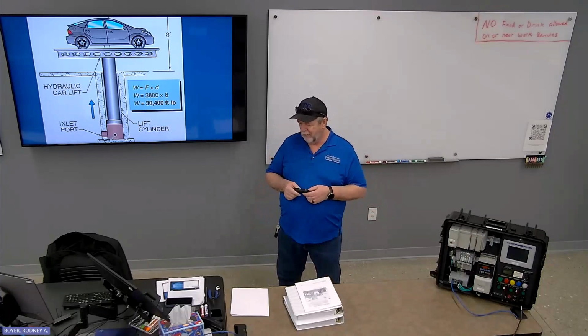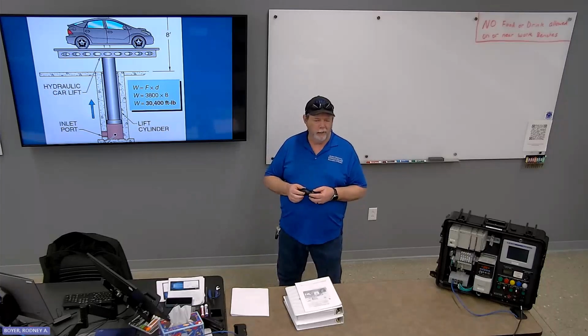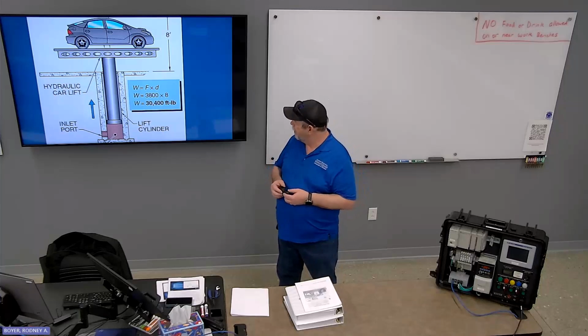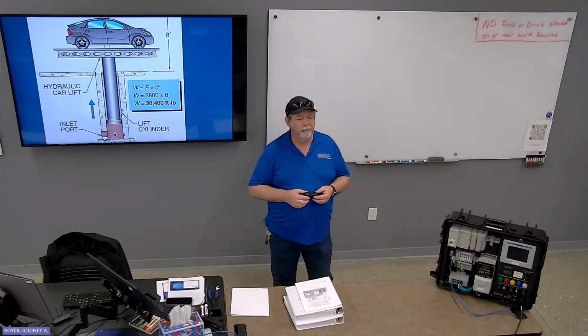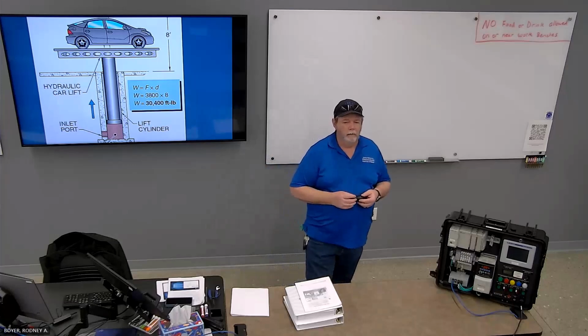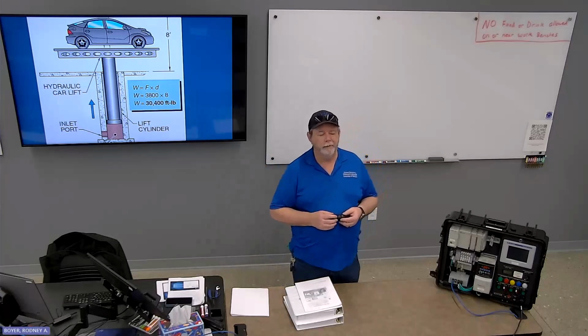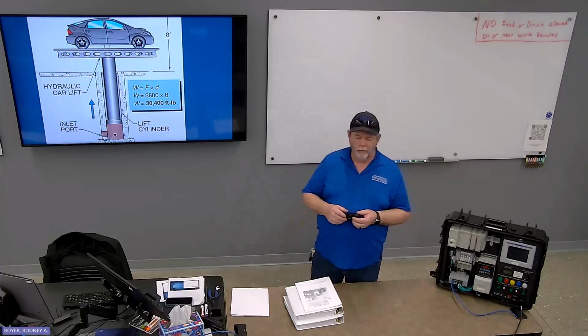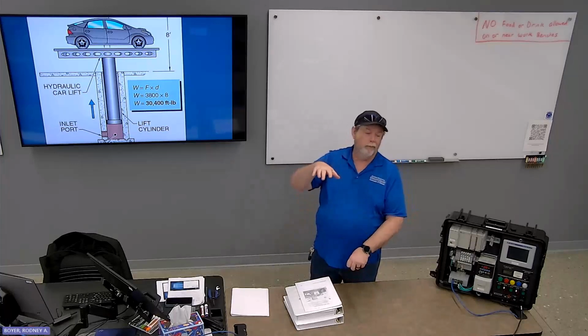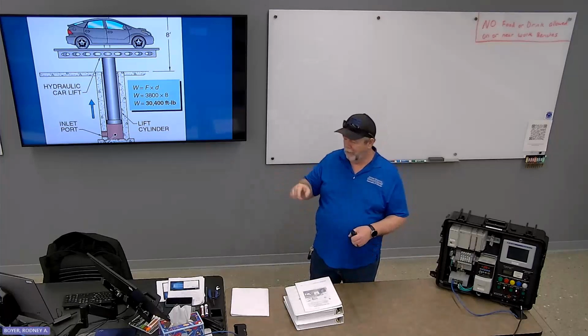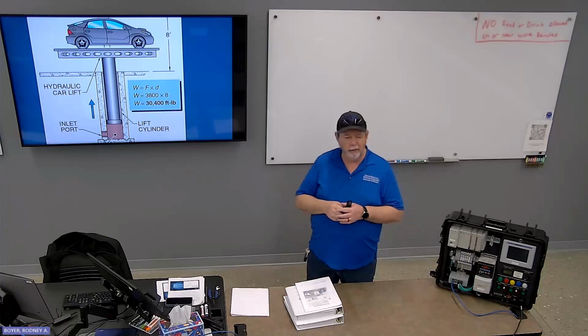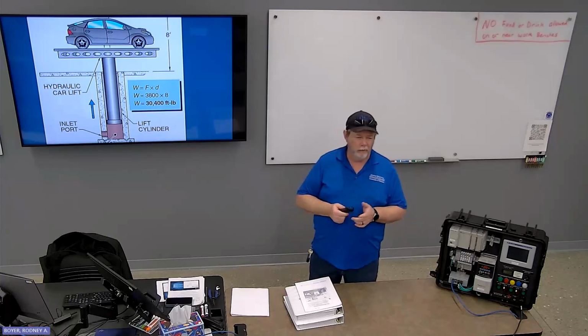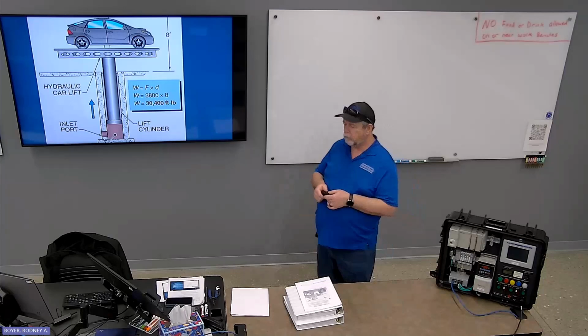A little over 8 feet, 3,800 times 8, 30,400. Okay. You notice that the unit of measure there is foot-pound. That is a unit of work. We're going 8 feet, that's the foot portion of it. Lifting 3,800 pounds, that's the pound portion of it. So, that's where the unit comes from.